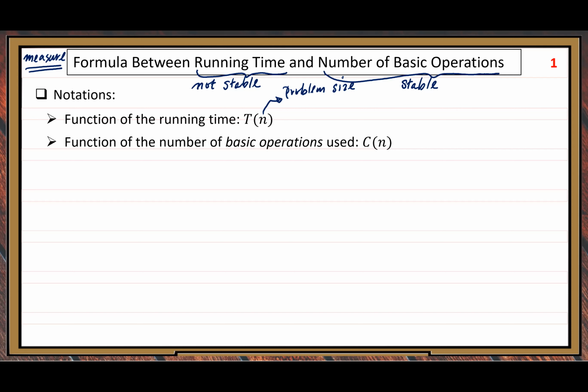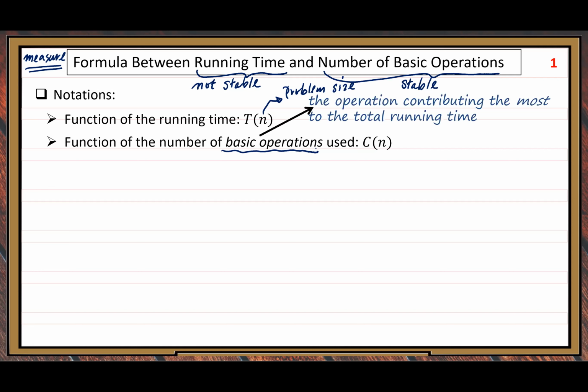So what is this concept? Here we use a concept called the basic operations. Its meaning is like this: the operation contributing the most to the total running time. So if you recall the polynomial evaluation problem, we work on two types of operations, addition and multiplication.